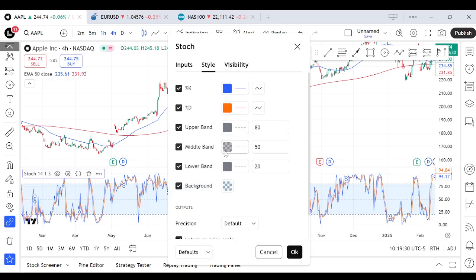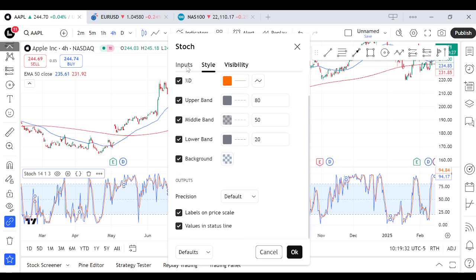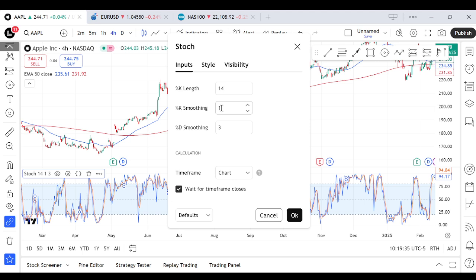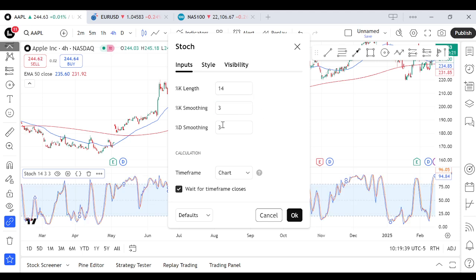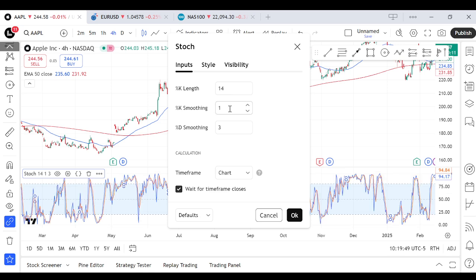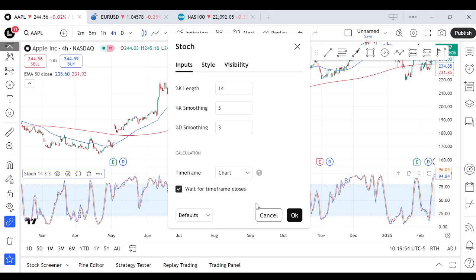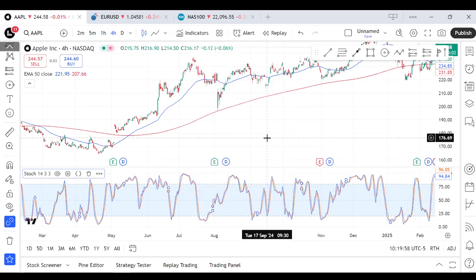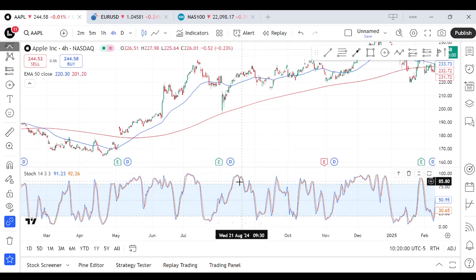Here we have the 14, 1, 3. I'm just going to change this smoothing to 3, and we have the 14, 3, 3 setting. Can you see the difference between the 14, 1, 3 and the 14, 3, 3? This is the 14, 1, 3 and this one is the 14, 3, 3. You can see the difference. So ensure you set your charts appropriately so that you won't make any mistakes.